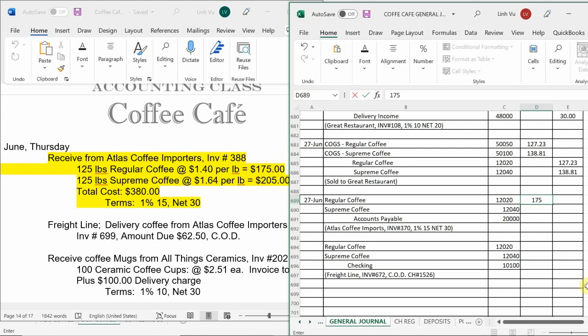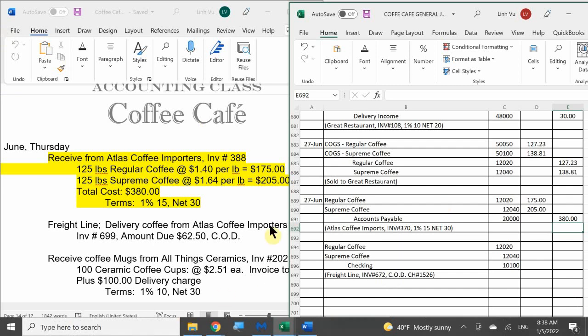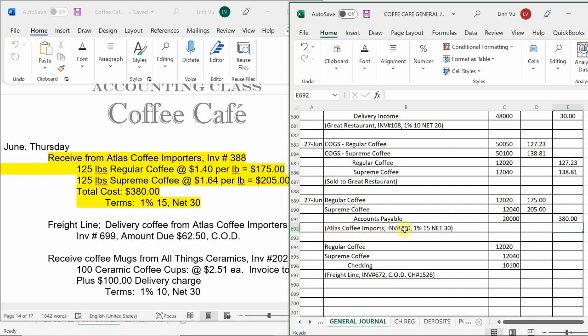For 175, and then we got 205, giving me a grand total of 380. Okay. Atlas Coffee Importers, invoice number 388. 1% 15, net 30. Okay.